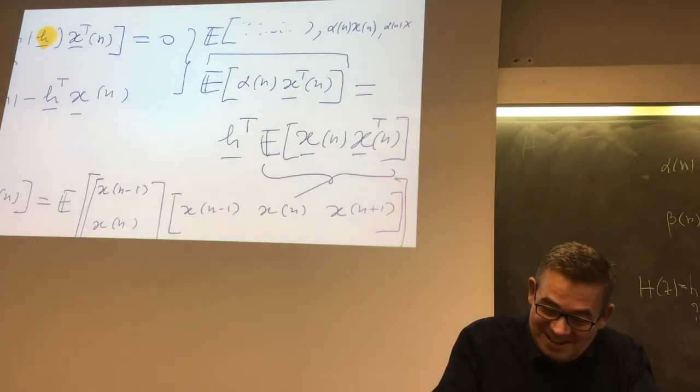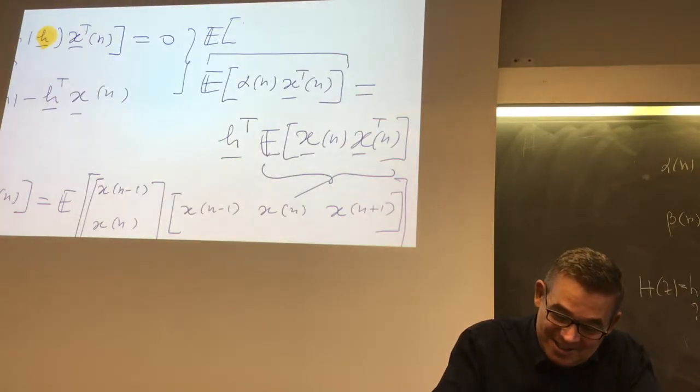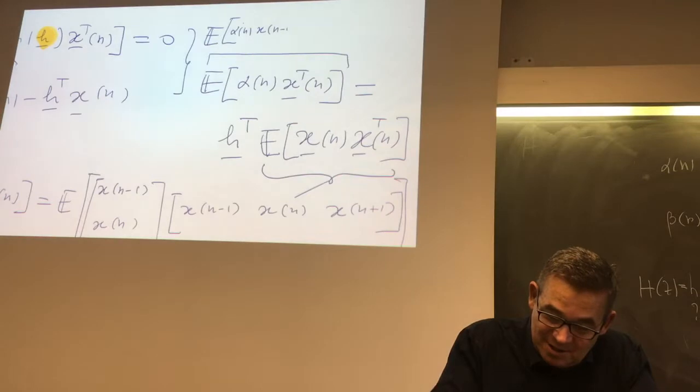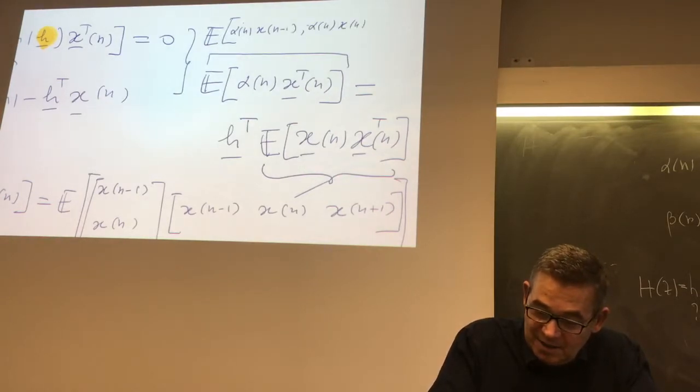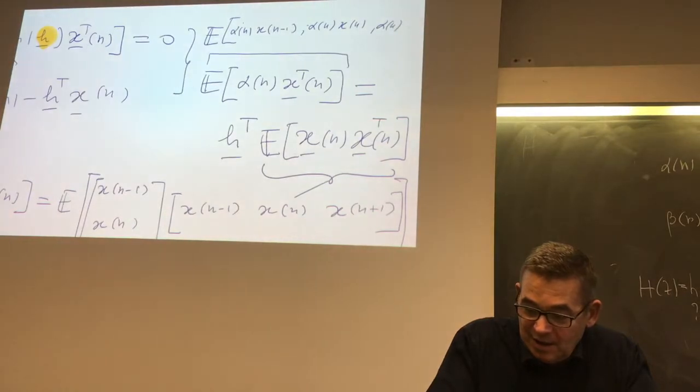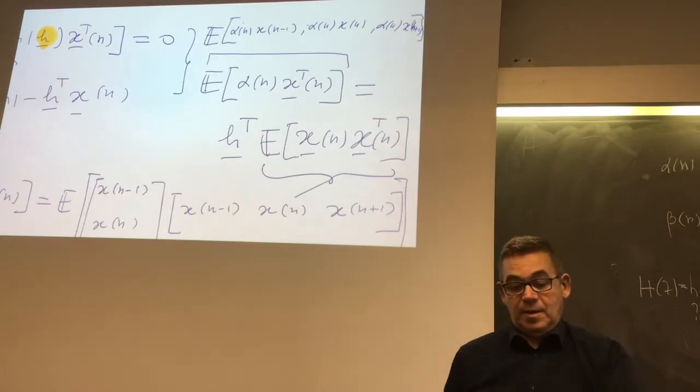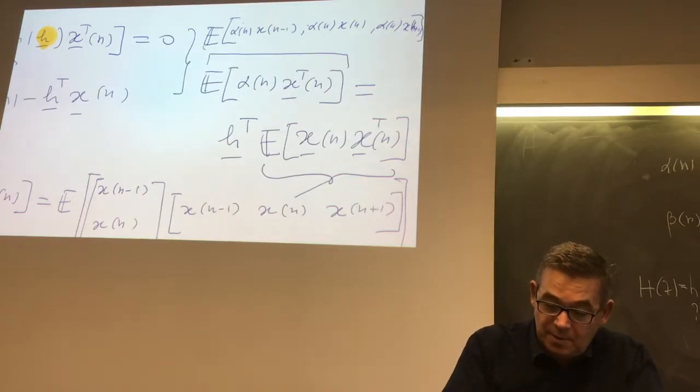Let me rewrite it so that you have it. So it is alpha and x n minus 1, alpha and x n, alpha and x n plus 1. This is the second part.